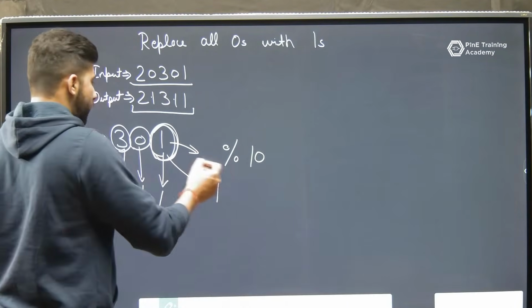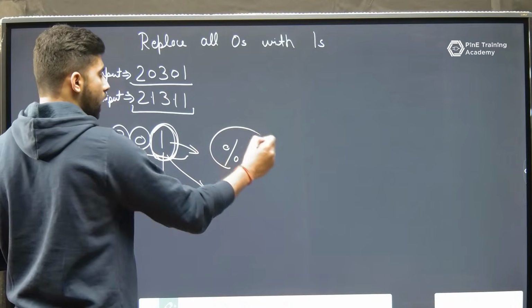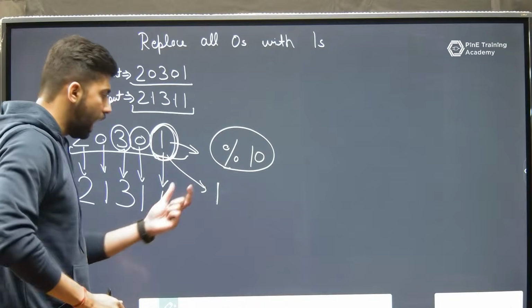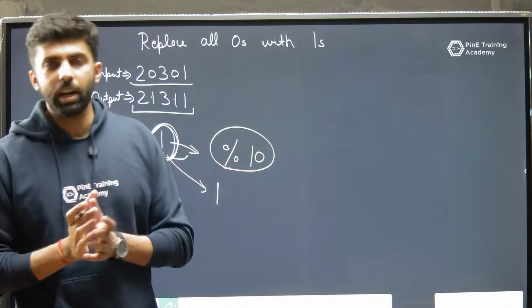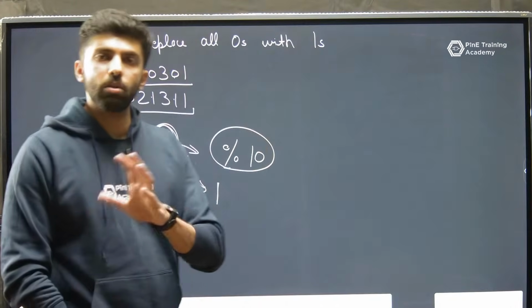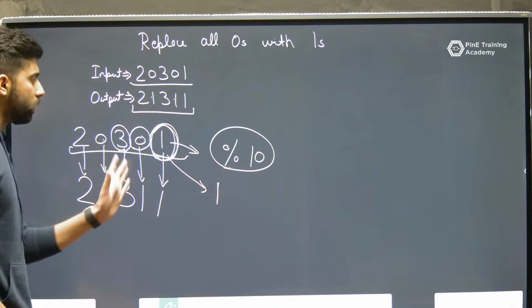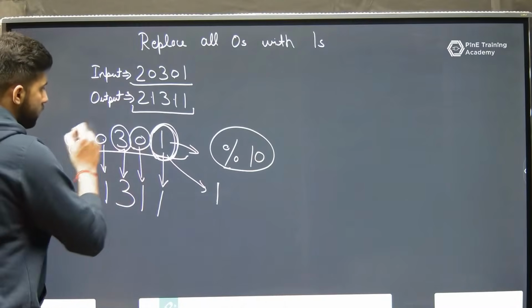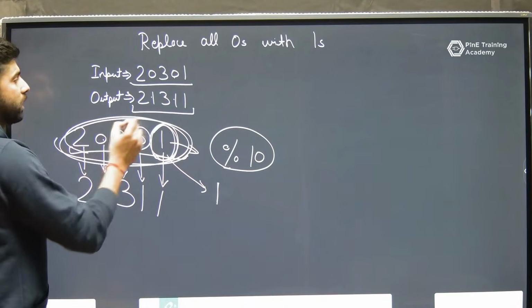So I can get the last digit, and I can even apply a simple check if that number is 0 or not. Now the thing is, I need to form that particular number again.